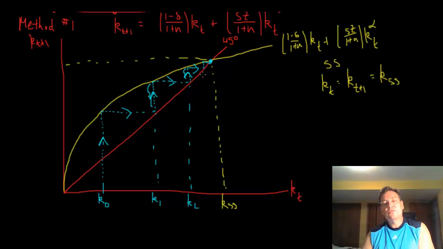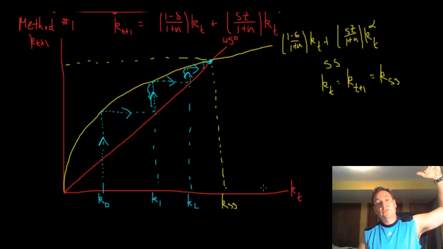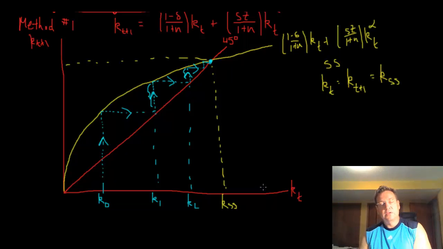And then analogous reasoning applies if you start at a point above the steady state, except that because you're above the steady state, you're going to converge down to the steady state over time. And it'd be useful for you to draw this graph on your own and convince yourself of that. So that's method 1, graphical method 1 for determining the steady state.